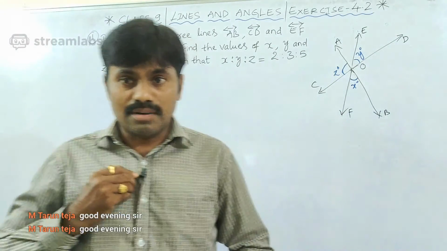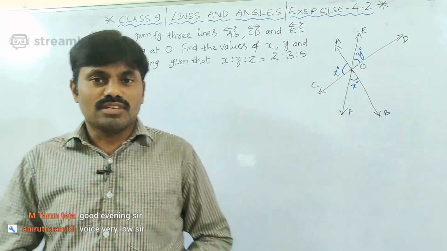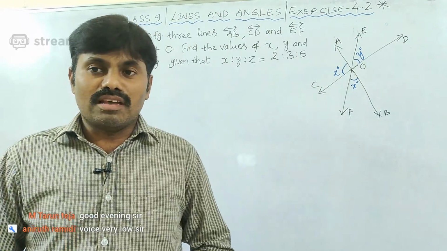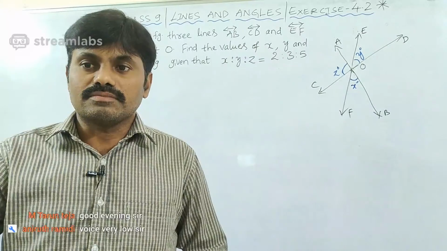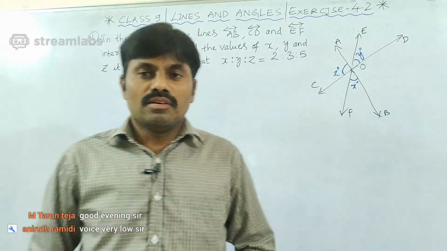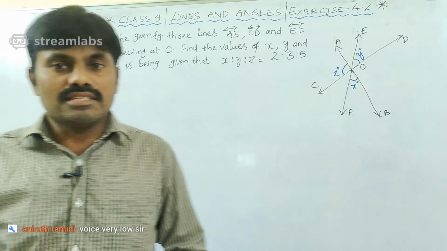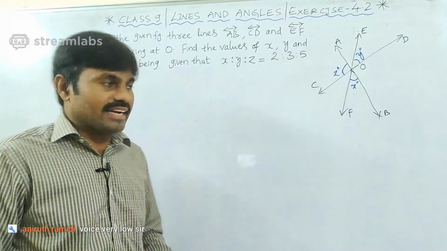Three or more lines are passing through the same point. Okay, thank you, Anirudh. So what do you call such type of lines? Yeah, we call such lines concurrent lines.